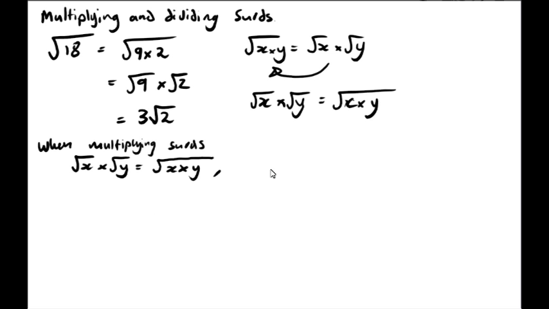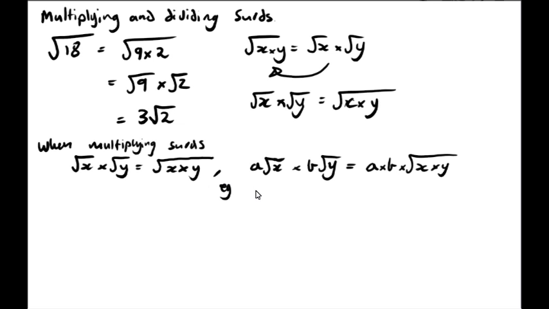We can also say, for example, if we had a number in front of that first surd, so a is just a number, times b, which is another one, well that would just be a times b times the x and y underneath the square root.